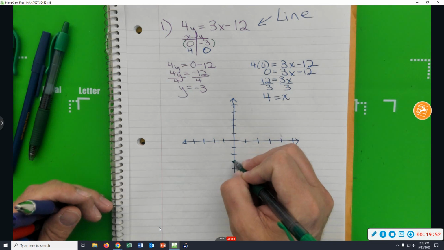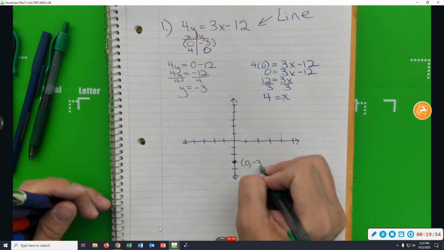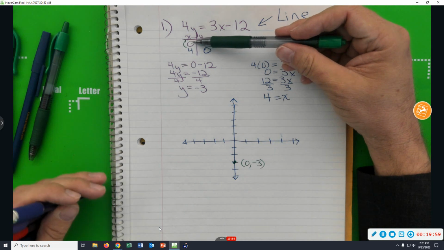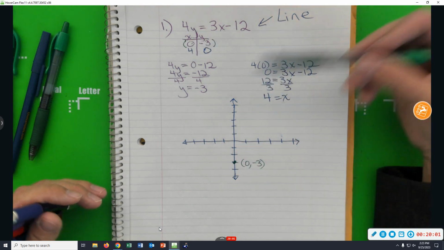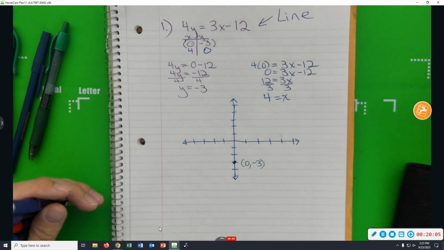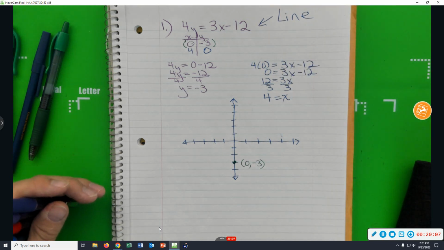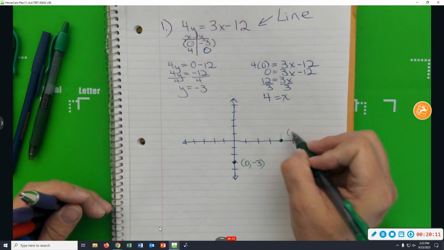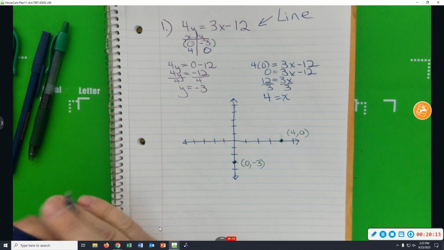We go down 3 for 0, negative 3. Remember we said that if the x-coordinate is 0, that means you're on the y-axis. What about the point 4, 0? We go right 4 and up 0 for my second point.